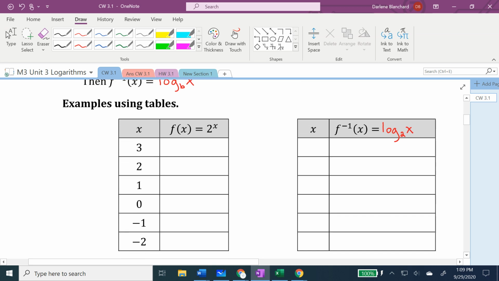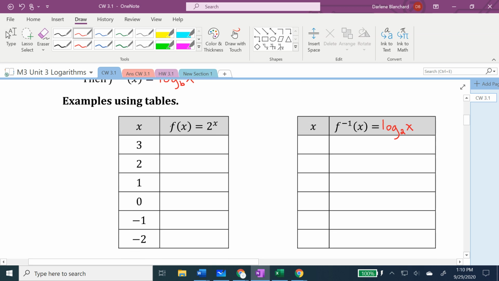You know how to fill in the table for f of x right here. Right now, I want all of you to be filling in this table. I'm going to erase what I just wrote. So I'm going to look at chat. And if I plug 3 in, what is 2 to the third power?